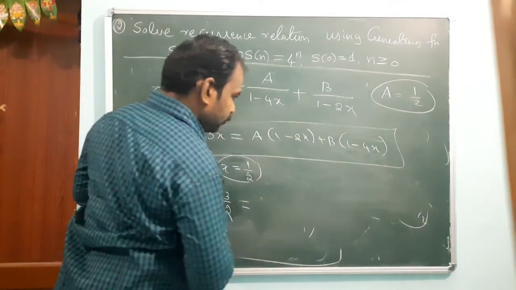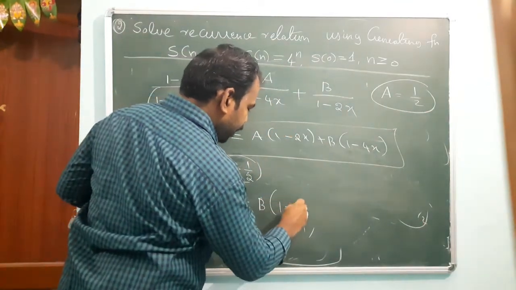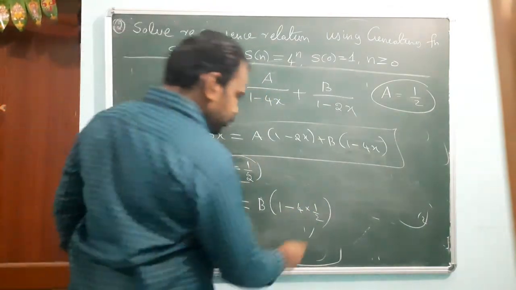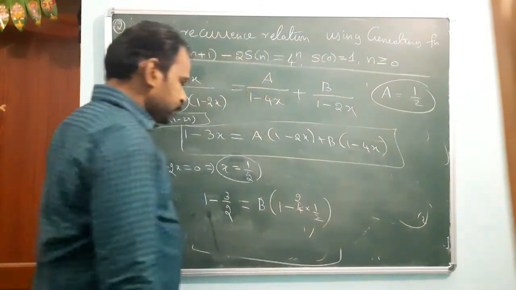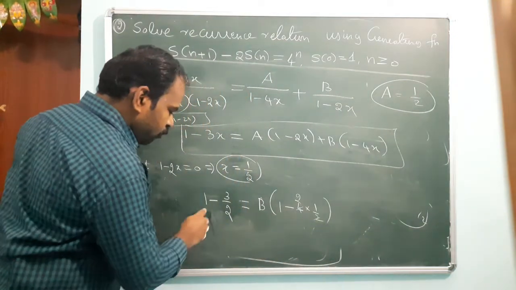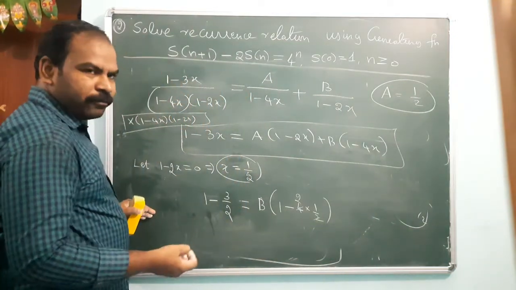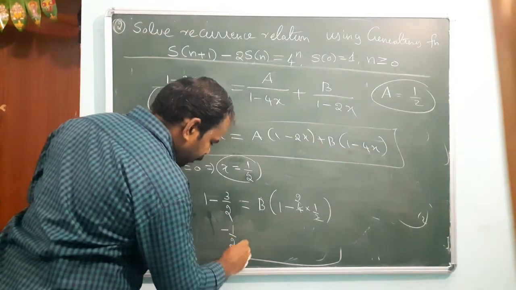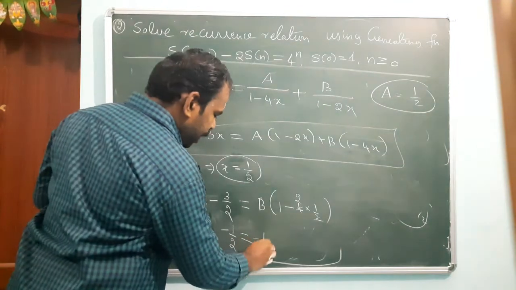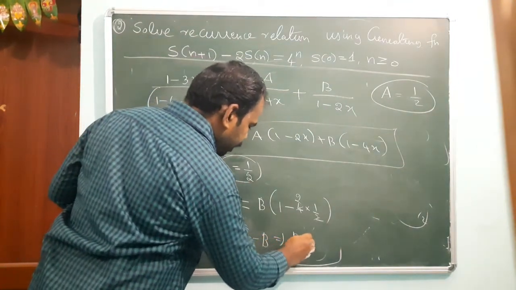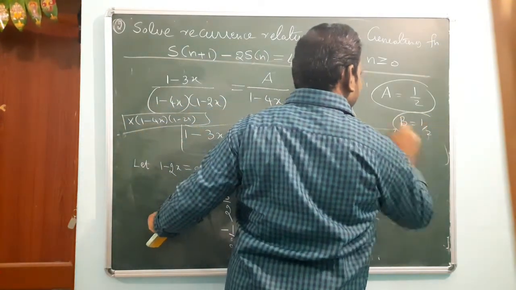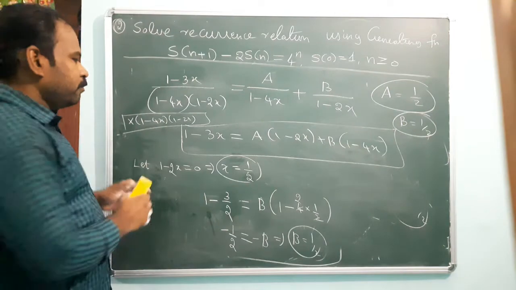Then B into (1 minus 4 into 1 by 2), which is 1 minus 2, that is minus 1. And 1 minus 3 by 2 is minus 1 by 2, so minus 1 by 2 equals minus B. So B equals 1 by 2.